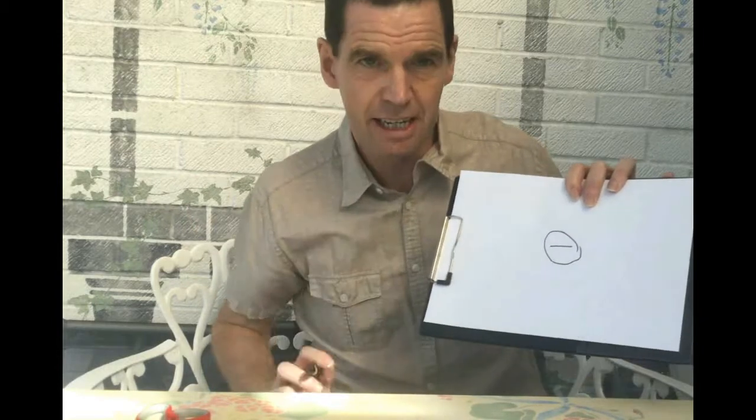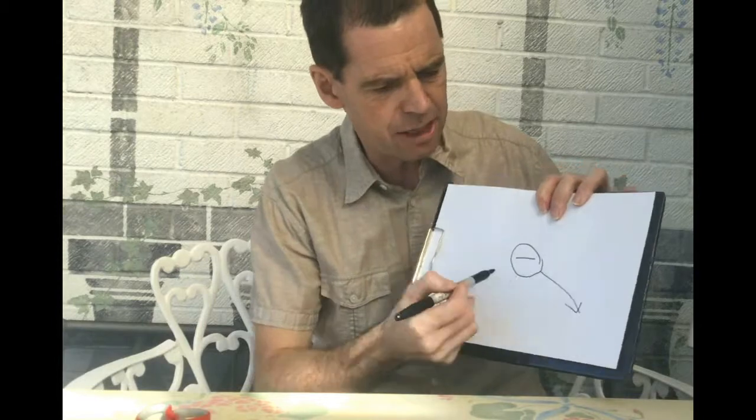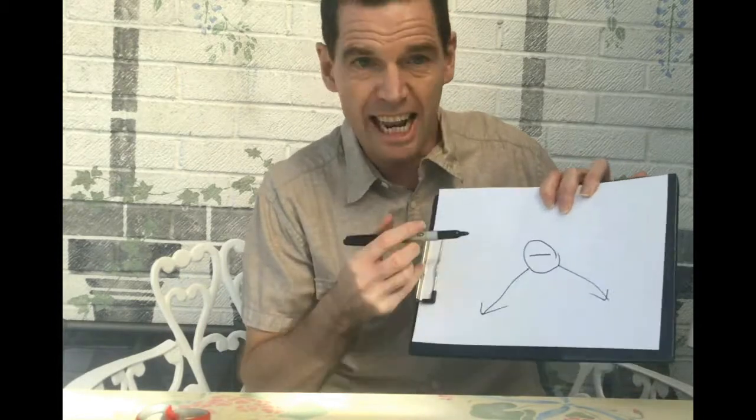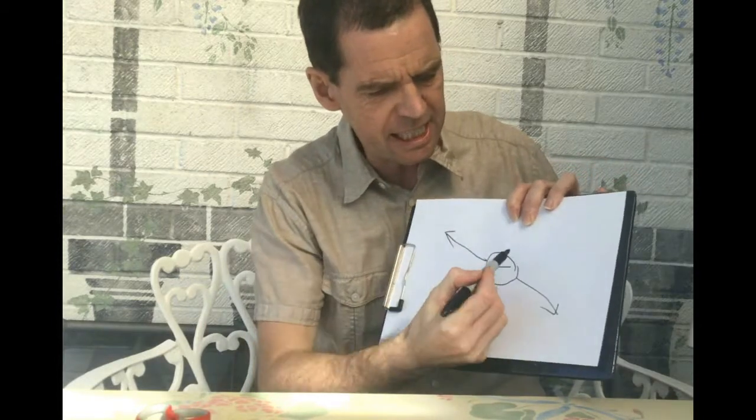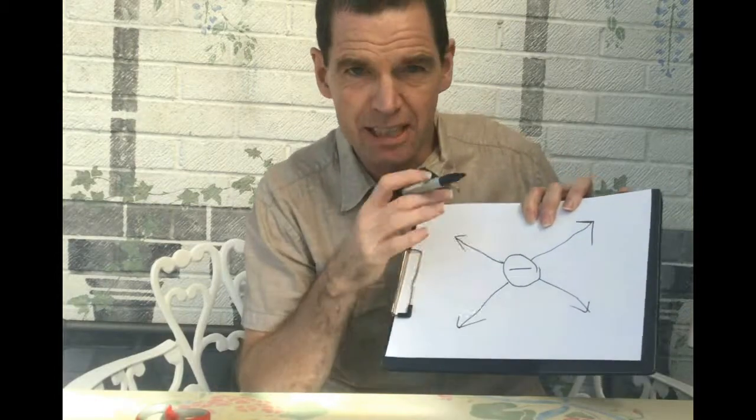For example, if I have an electron, that electron has negative electric charge, got a little negative sign in there, and that then gives out an electric field. So we can consider the electron as being the source of the electric field.